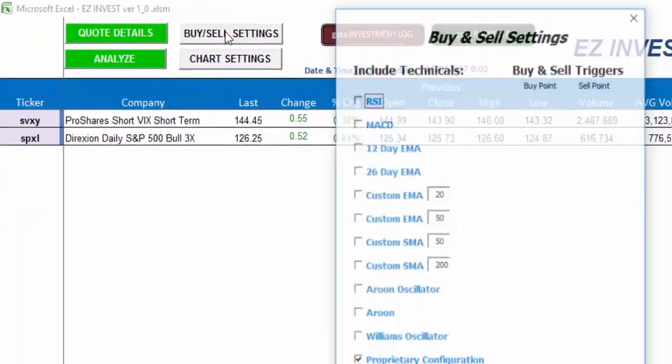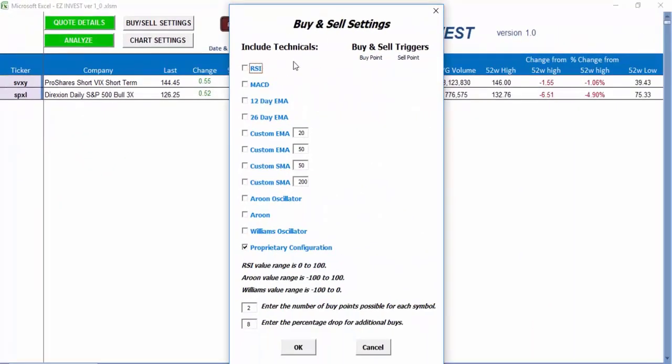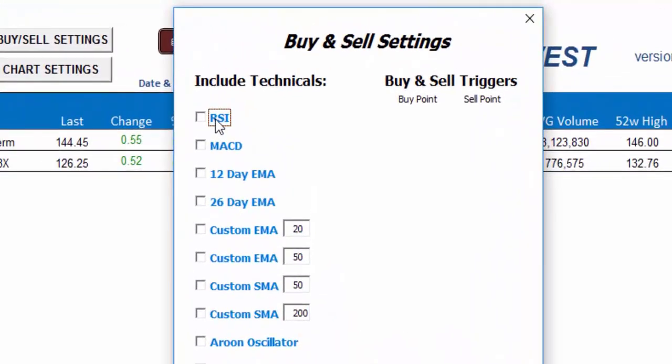Now we want to go over to the buy and sell settings. Basically, you can select when you want to buy and sell a stock based upon its relative strength, buy point, sell point. You have the moving average convergence divergence, 12-day, 26-day EMA. You have custom exponential moving averages, 2 of which you can enter. Simple moving averages, you can have 2 of them.